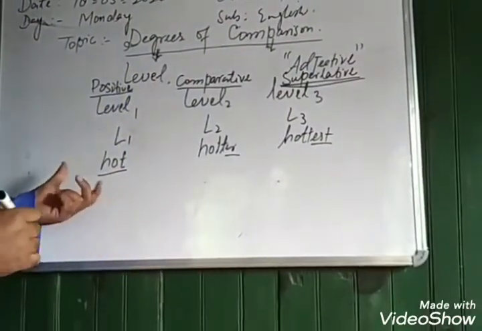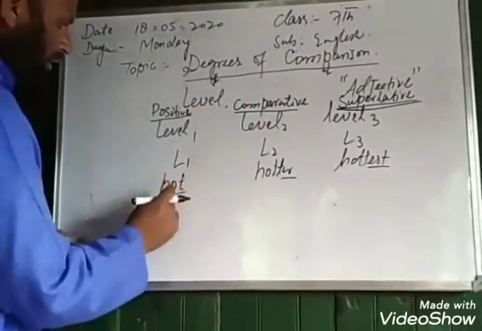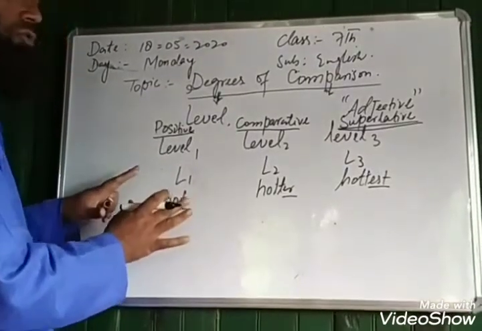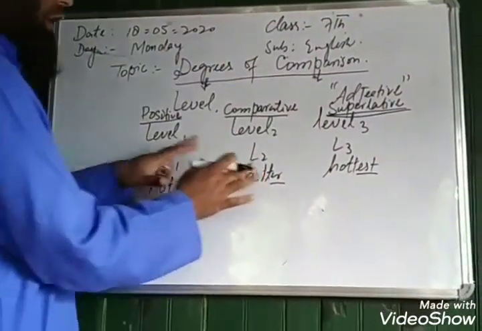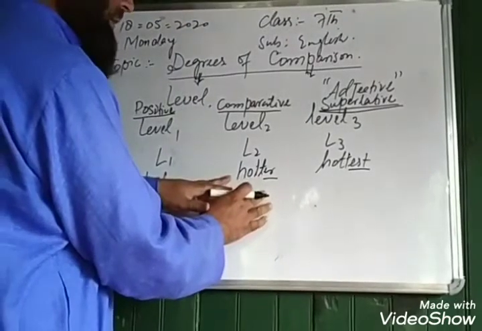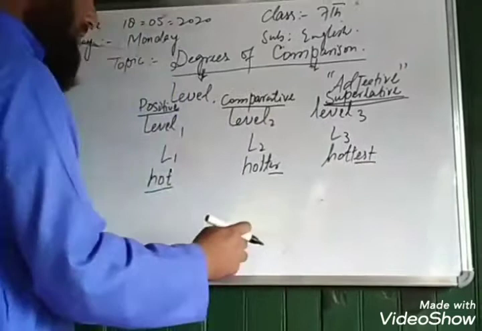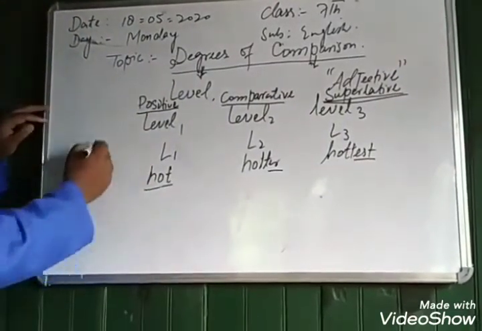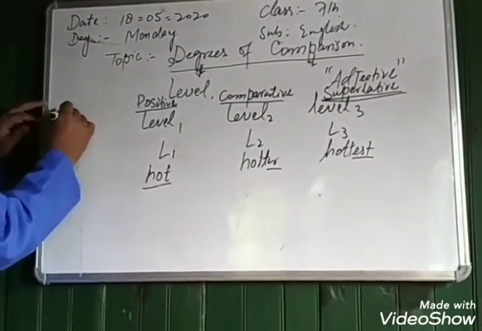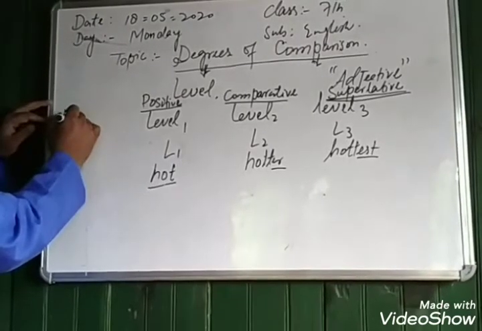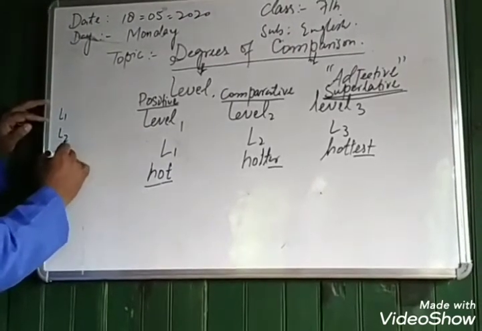So we can say level 1 is simply the positive word, in level 2 we add ER, and in level 3 we add EST. If I write it like that: level 1, level 2, level 3.